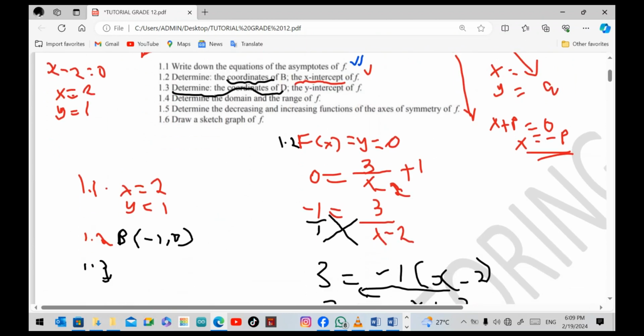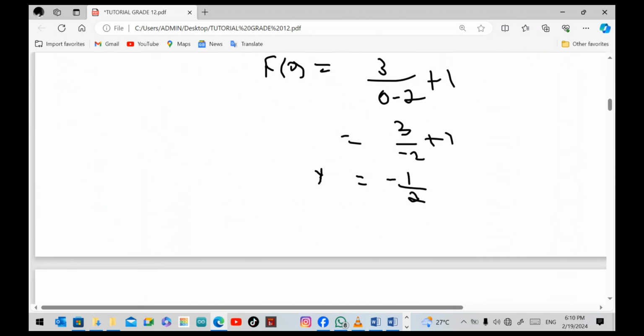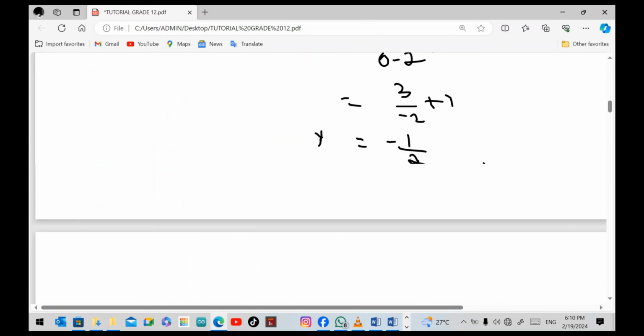Now, since we have found our y, we need to go back to the question and reread it to know if we have answered it correctly. The answer is y, but they are looking for coordinates. How do we find coordinates?